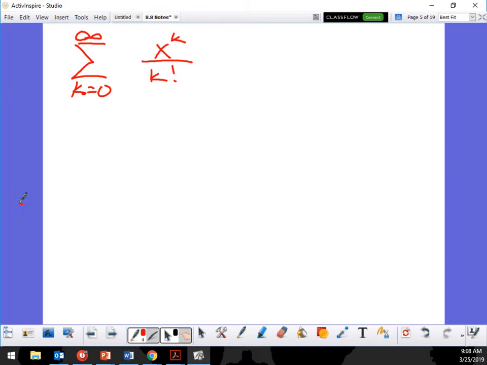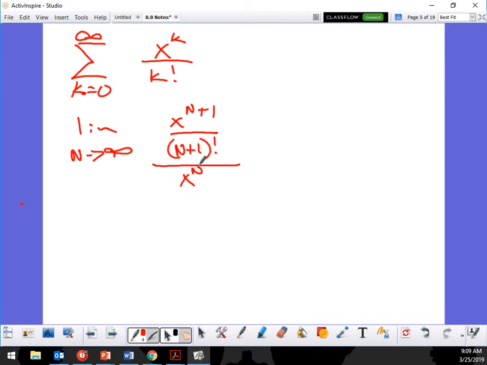Right here, let's try a ratio test on this. In a ratio test, I'm going to take the limit as n goes to infinity of x to the n plus 1 over n plus 1 factorial, over x to the n over n factorial.